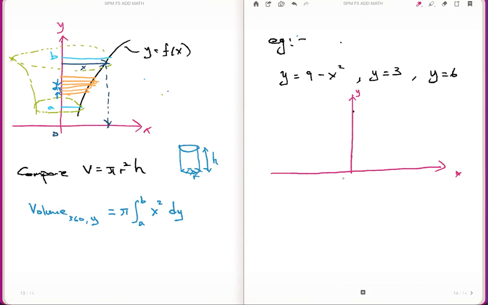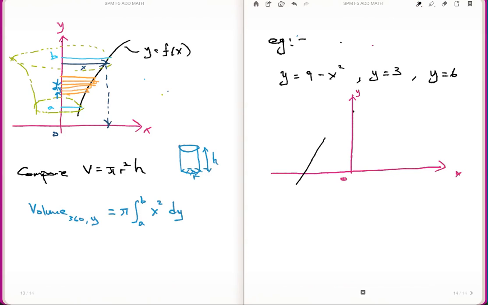Sometimes you just factorize 9 minus x squared. That would be 3 plus x, 3 minus x. So you will know that there's a 3 and negative 3. But you just need to sketch it because it's given an equation.